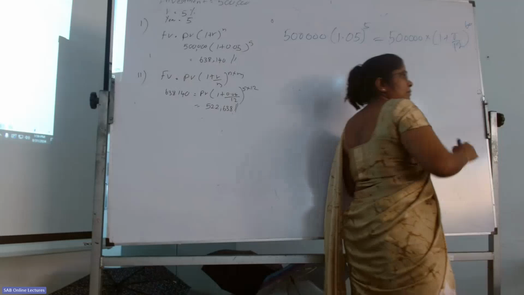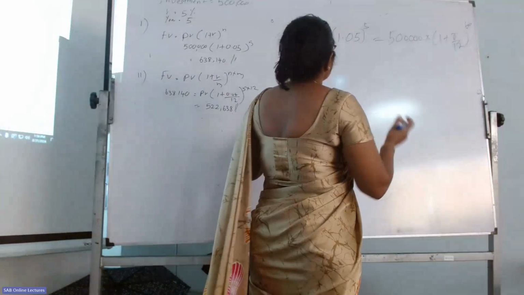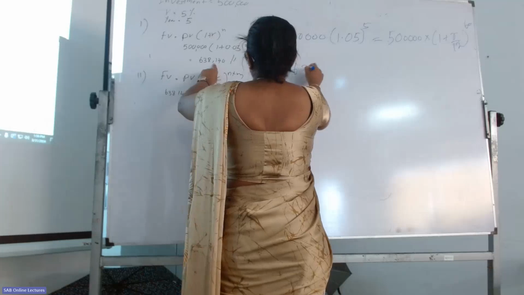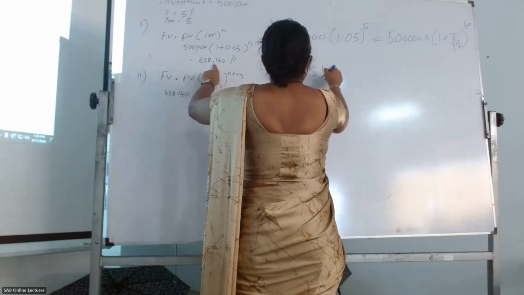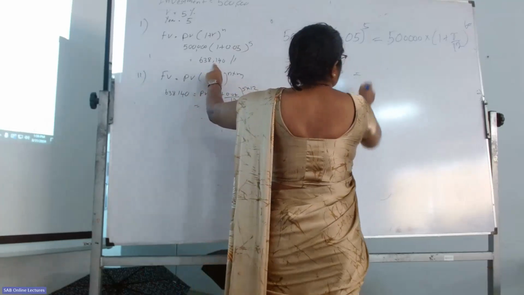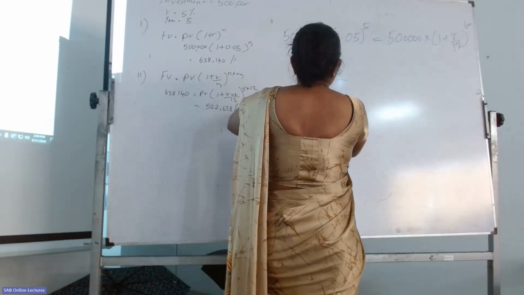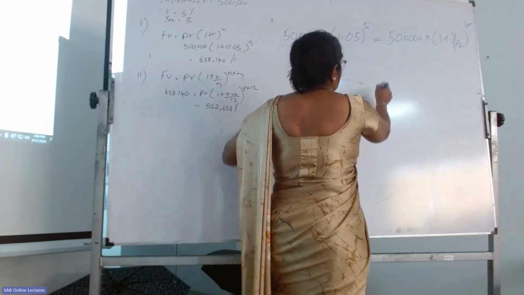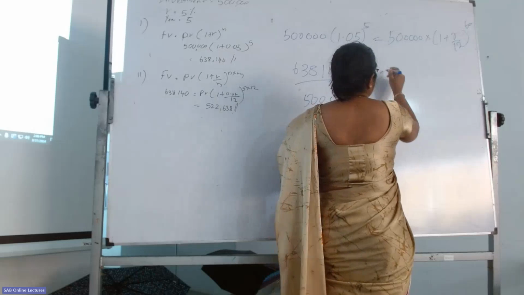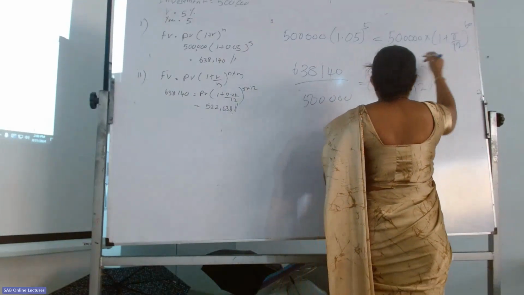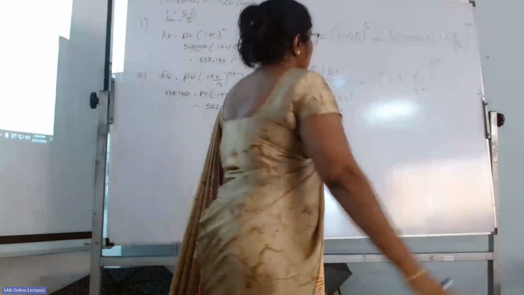So now you can sort it out. The value is 638,140. So 500,000 is equal to 1 plus R divided by 12 to the power 60. You have to solve this.